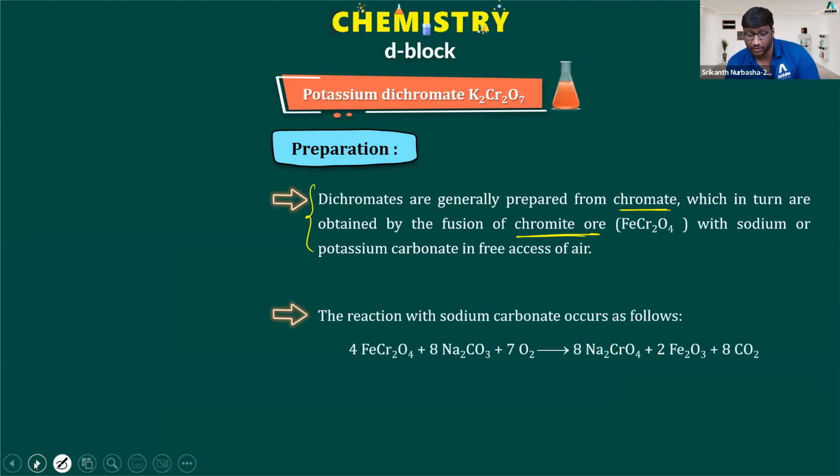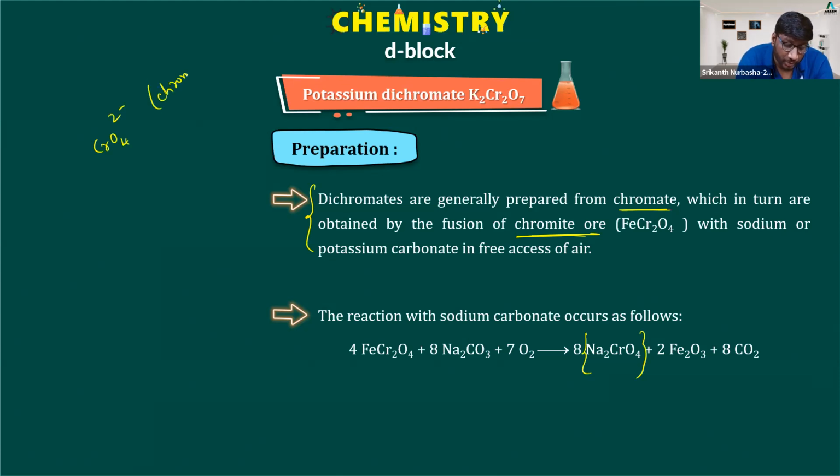So what they are trying to say is, you are going to generate chromate CrO4 2 minus. From the chromates, you are generating dichromates, Cr2O7 2 minus. Dichromates are prepared from the conversion of chromates.